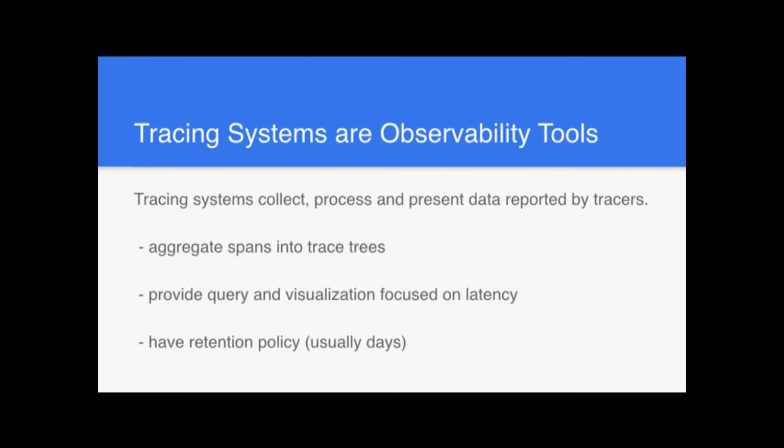And in the space of things that help you understand your system, the types of things that it does to help you with that are, one, taking these pieces and putting them into a single graph for you. And then the normal commodity functions like querying and visualization tools. Unlike things like logs, usually people don't store traces forever because it's quite a large amount of data.